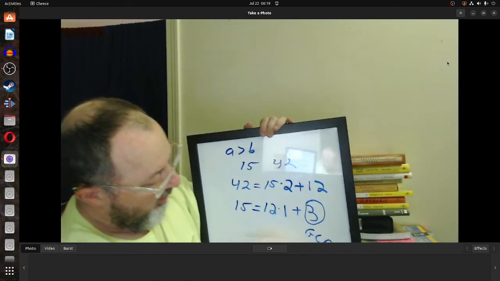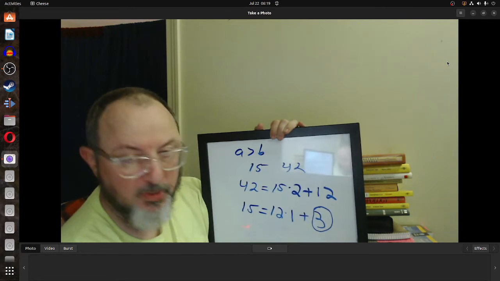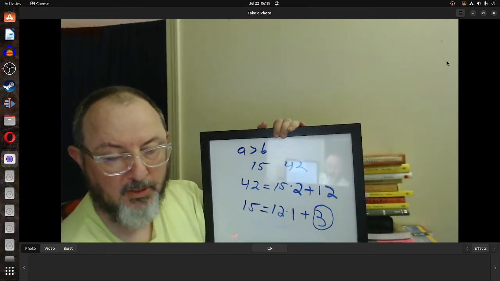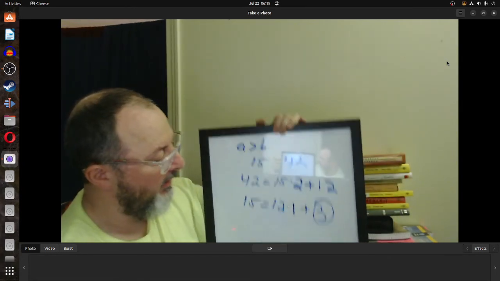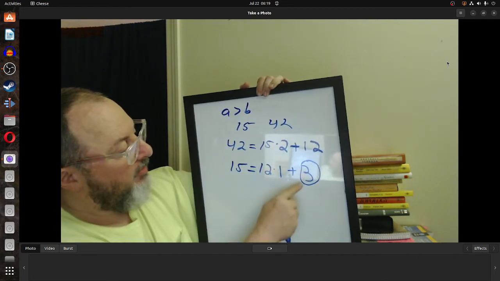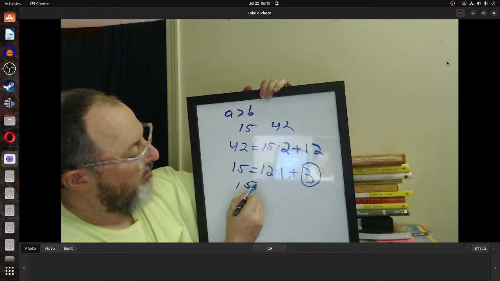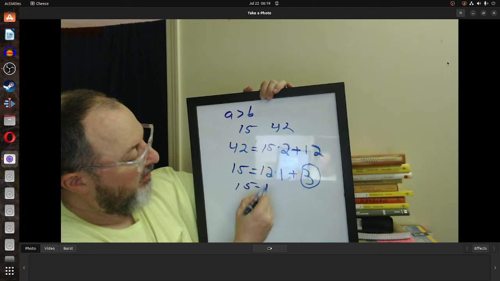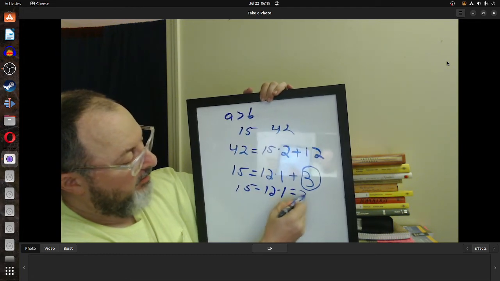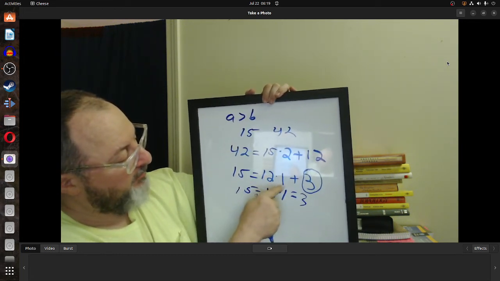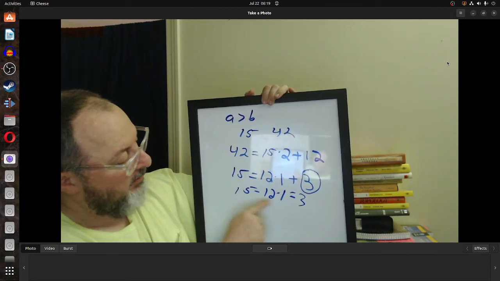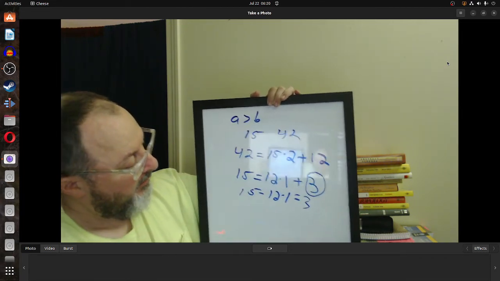So we see it terminated, and we know it's going to terminate because the numbers keep on going down. Now, 3 is 15 minus 12 times 1. Subtract 12 times 1 from 15, and that's 3.